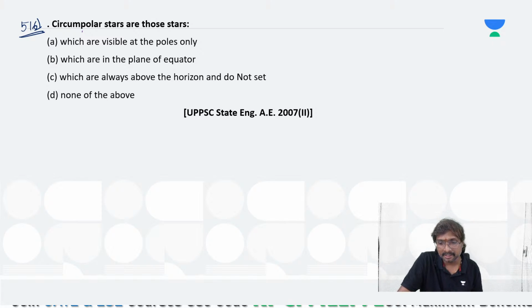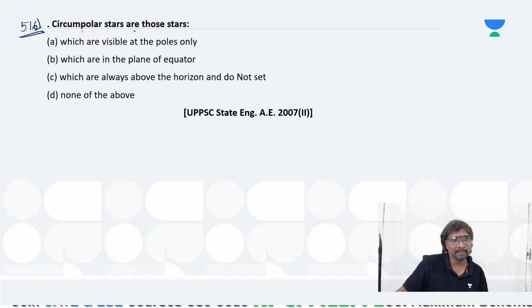What is a circumpolar star? Circumpolar stars are those stars which are visible at poles only, which are in the plane of the equator, which are always above the horizon and do not set, or none of the above.